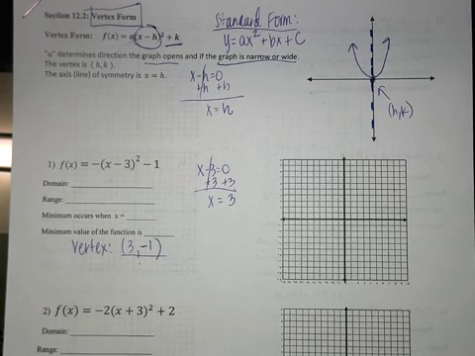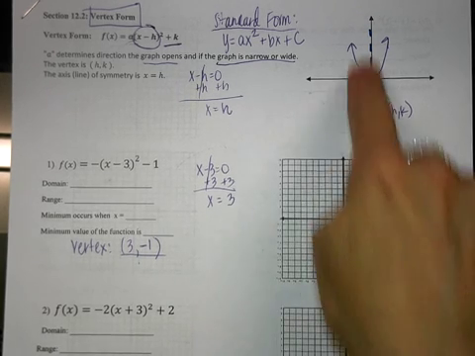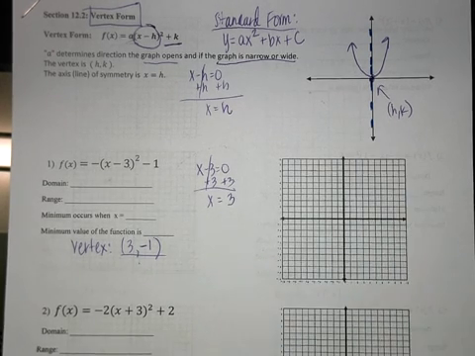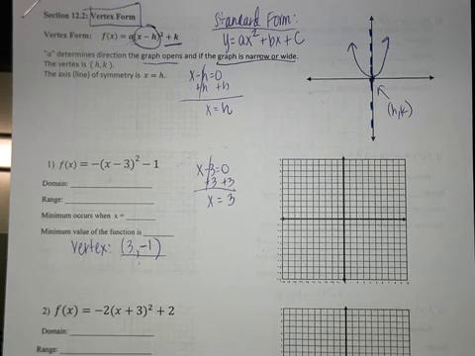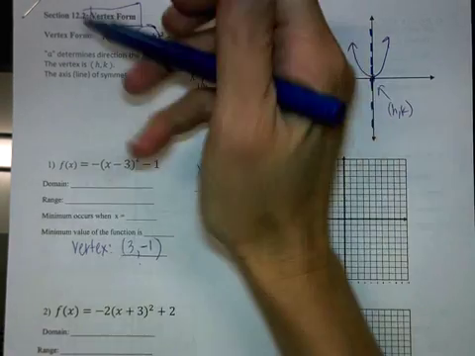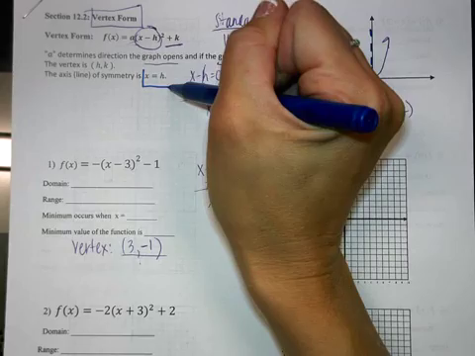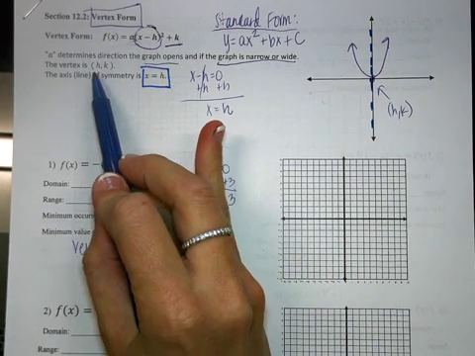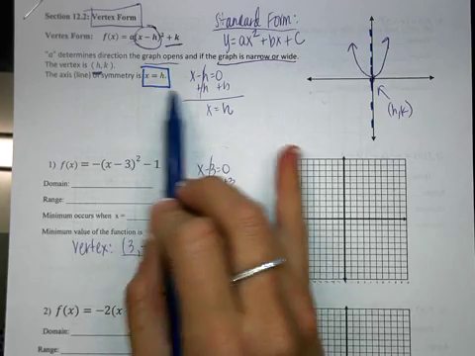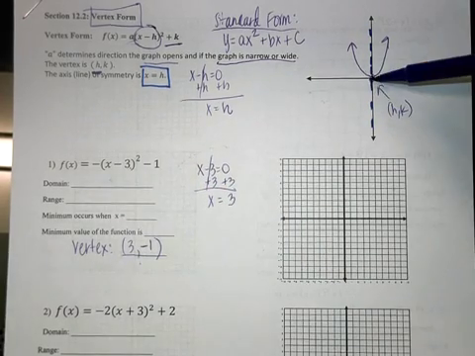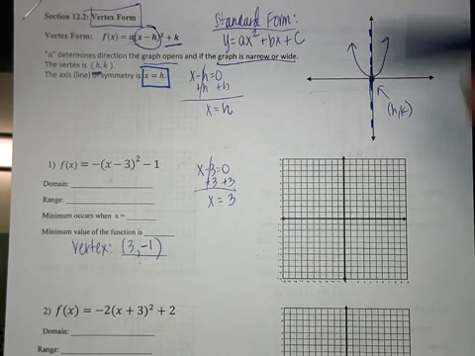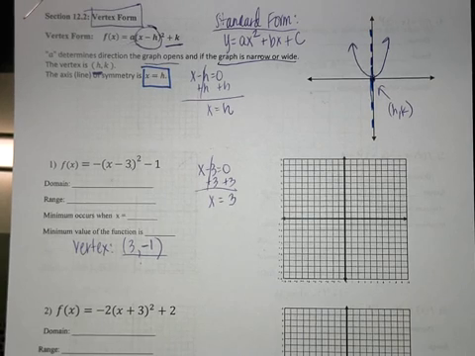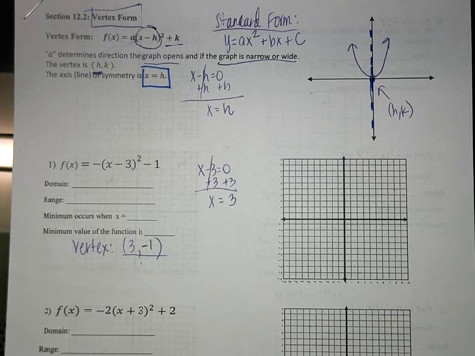If we were to fold it in half, they match up the same on each side. Well, this is a line, and all lines have equations. So the axis of symmetry equation is x equals h. It's always whatever the vertex x value is, because that line goes through the vertex at that x value. Do we have questions before I move on?